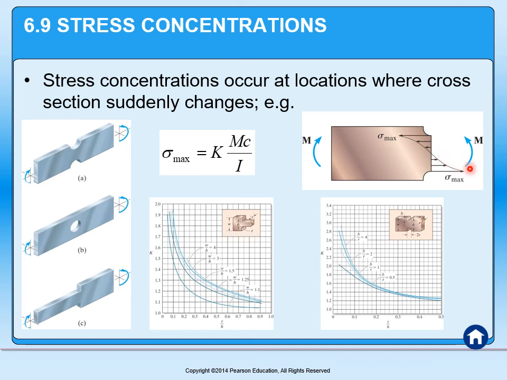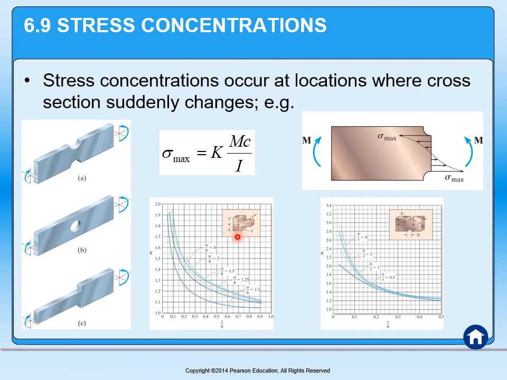In terms of calculating that, we use a similar technique to what we used with our other stress concentrations. We would still use our flexure formula, Mc over I, but then we'd modify it by this constant K. And the K would come from one of these contour lines depending upon the ratios.